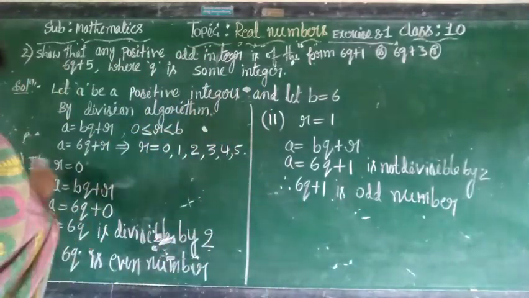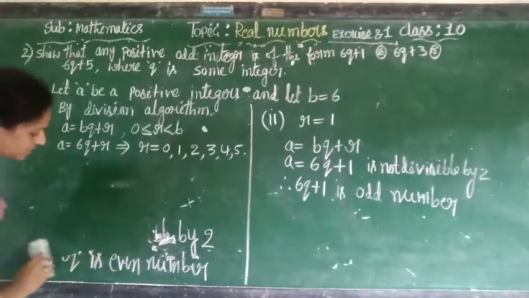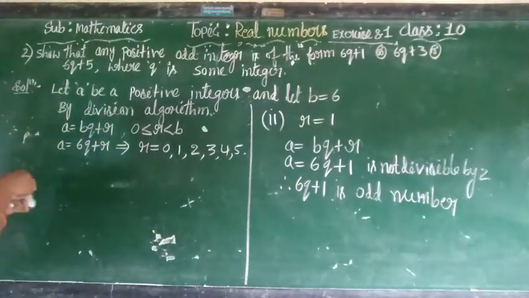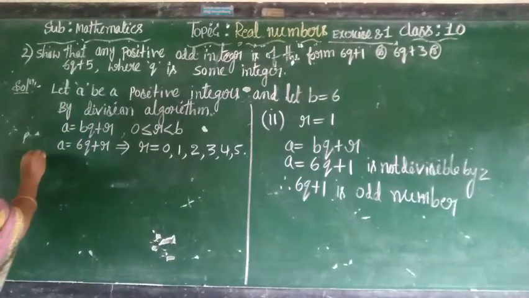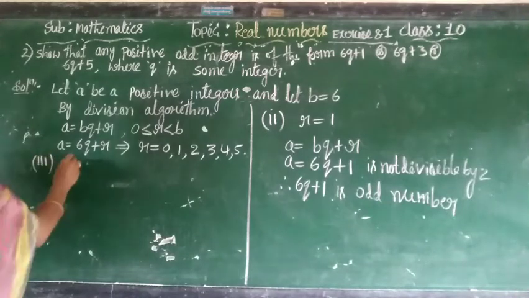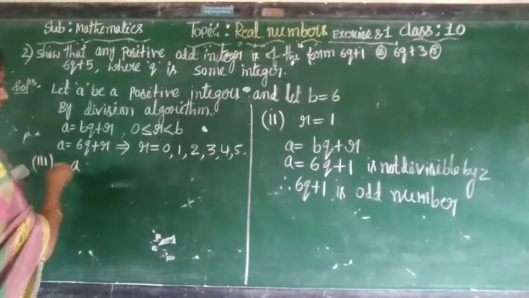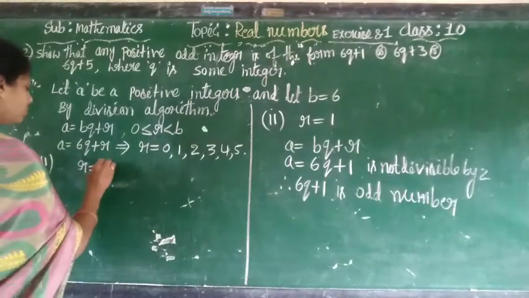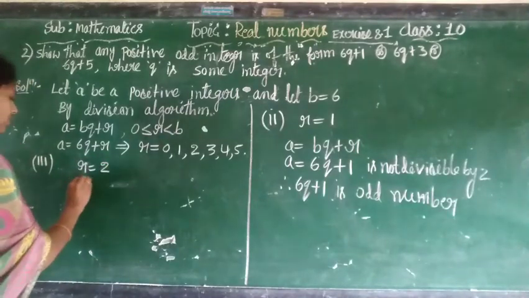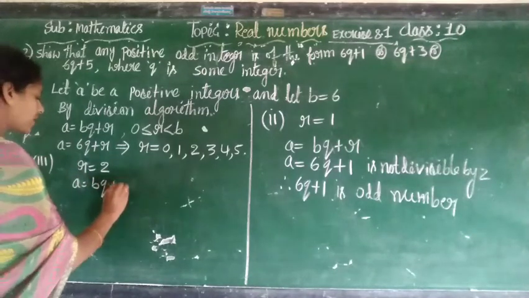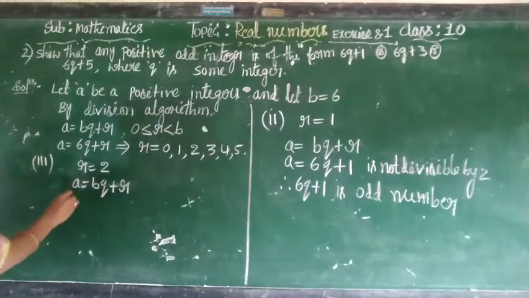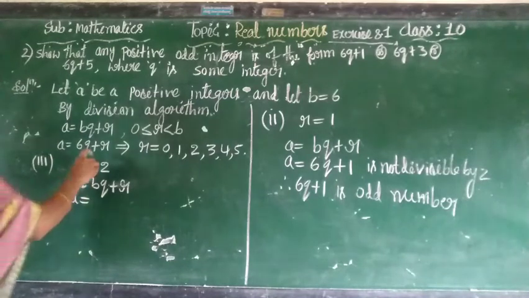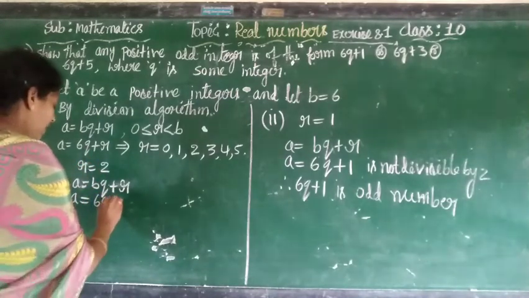So the third condition: r is equal to 2, a is equal to bq plus r, so a is equal to 6q plus 2.